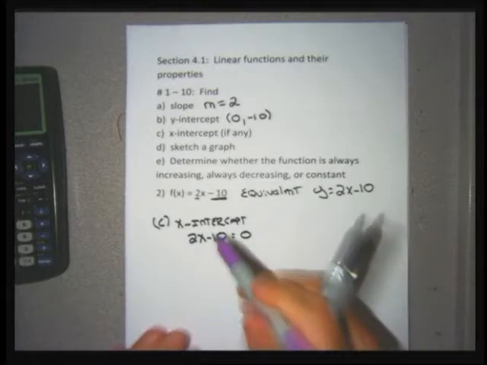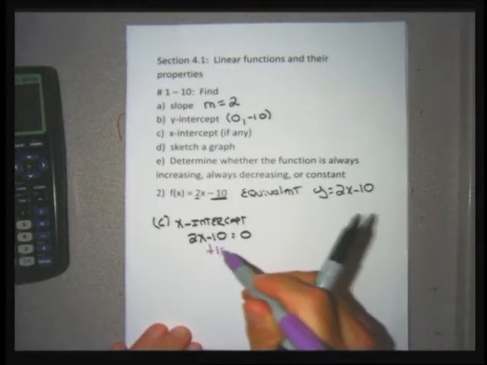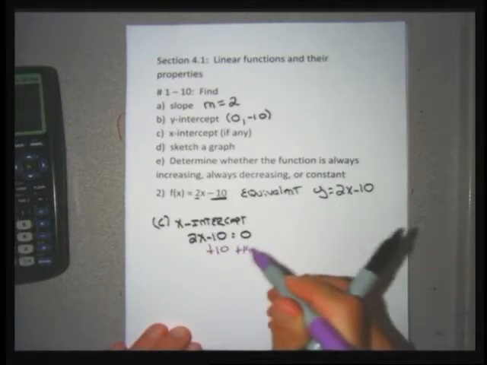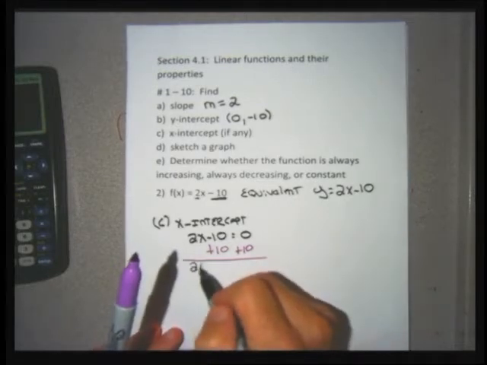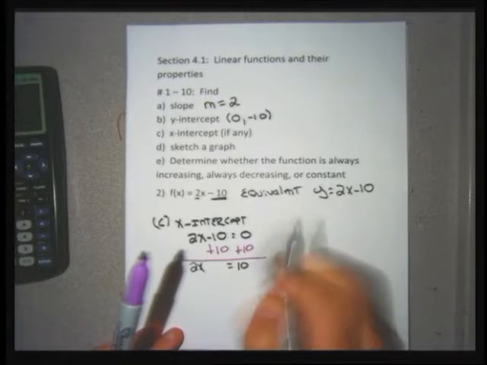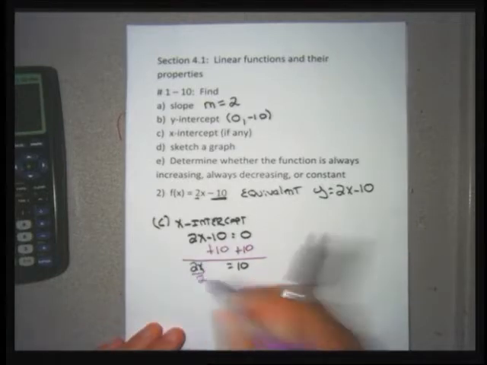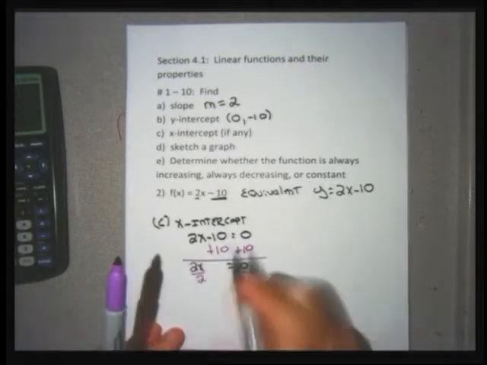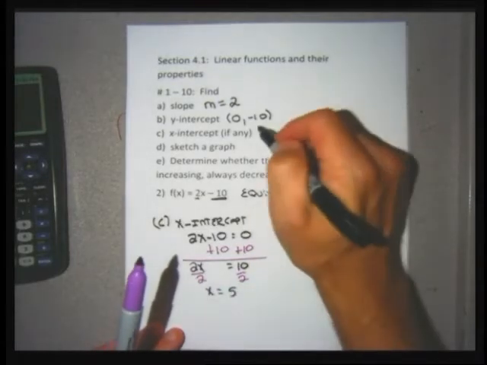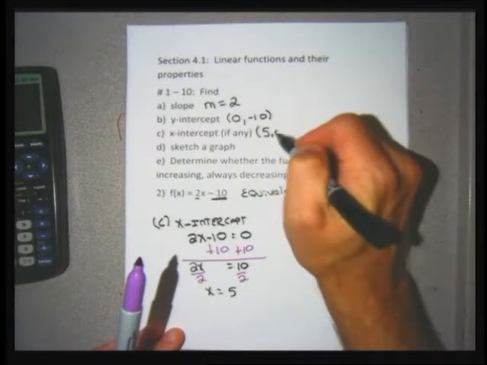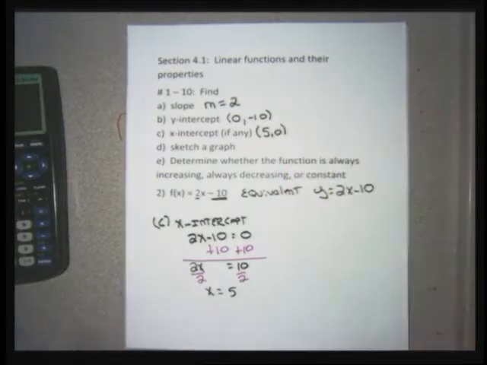I'm just going to add 10 and divide by 2, and I'm going to get x equal to 5. When I write the x-intercept, I'm going to write it as a point, so I'm writing the point (5, 0) as my answer. So I'm done with part C.